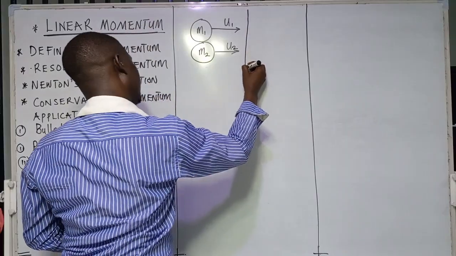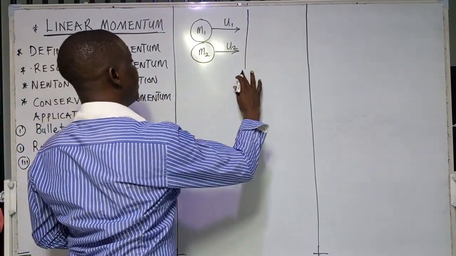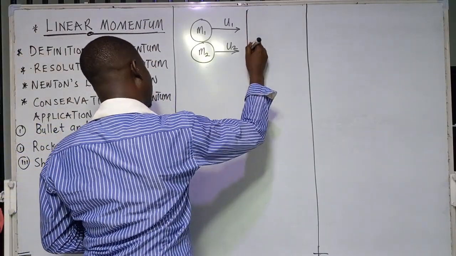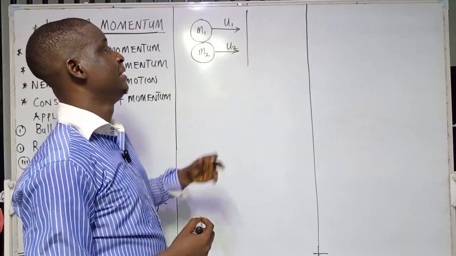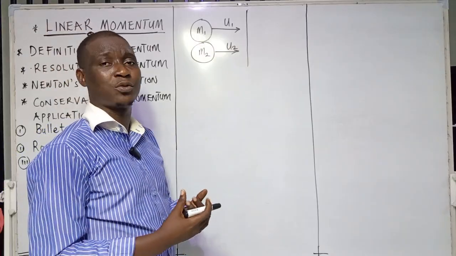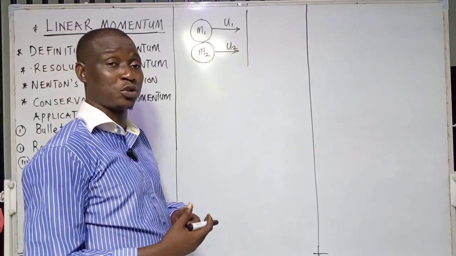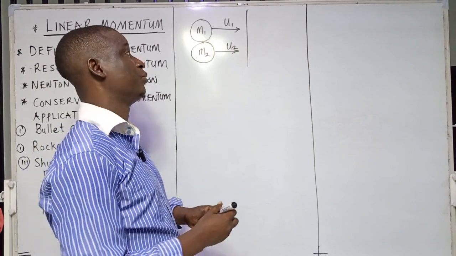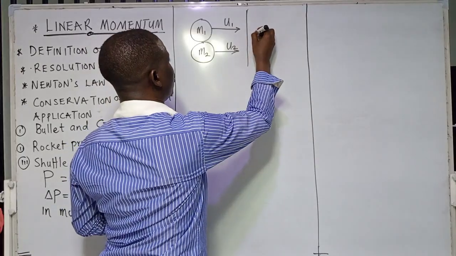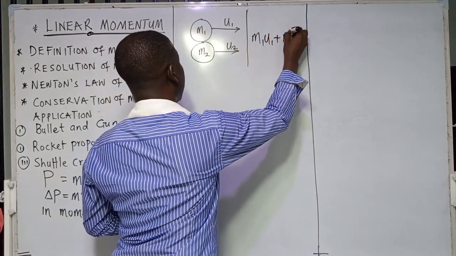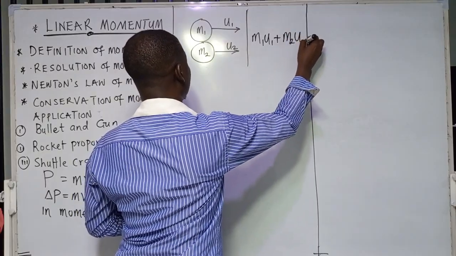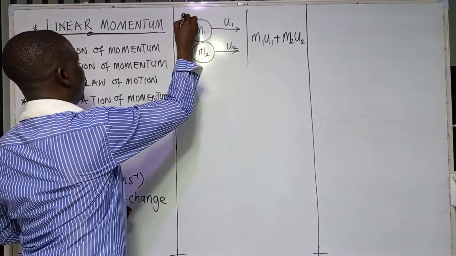When they are moving in the same direction, vector rule says that you add them together. So the total momentum will now be m1u1 plus m2u2.